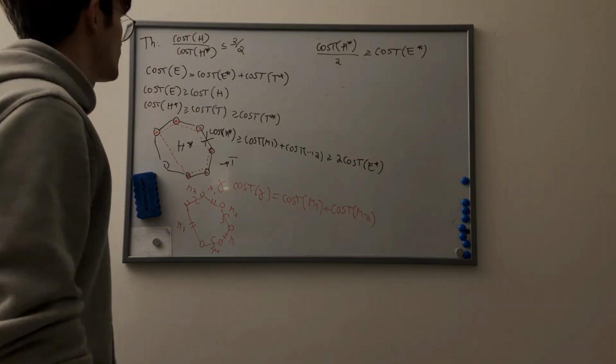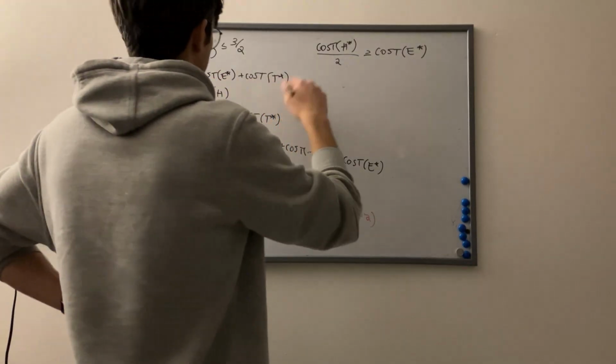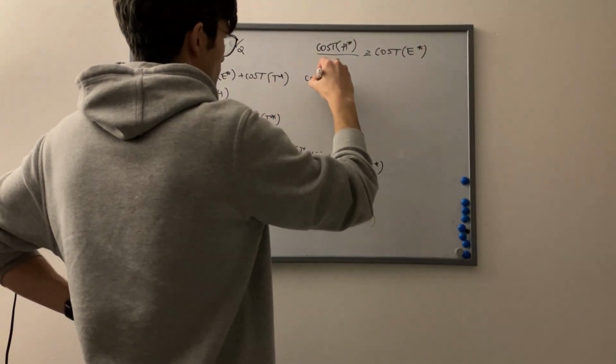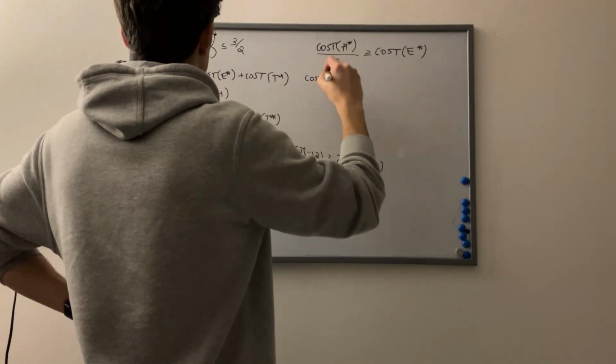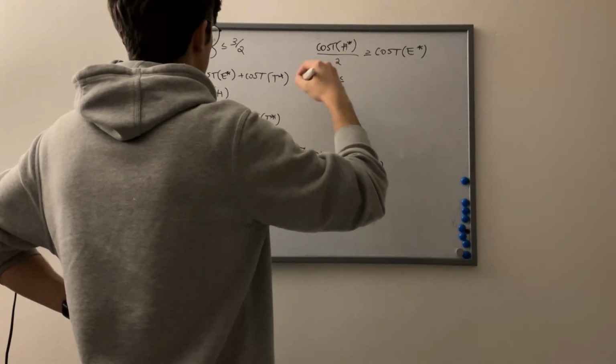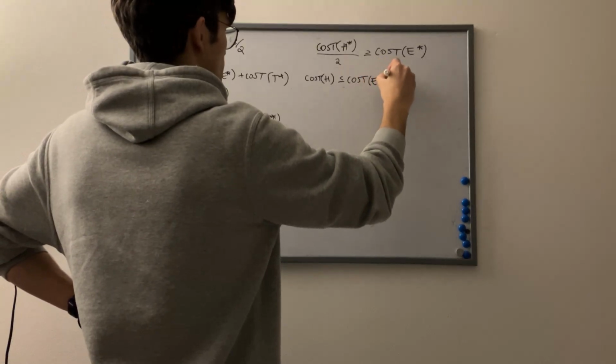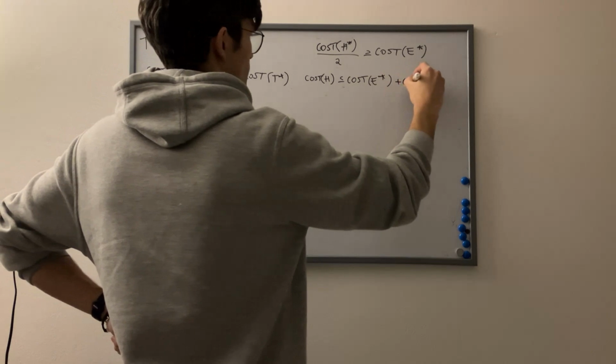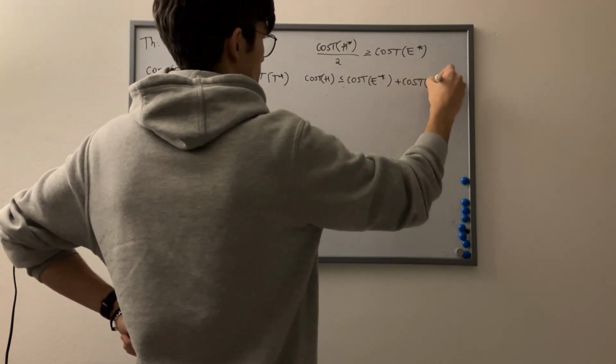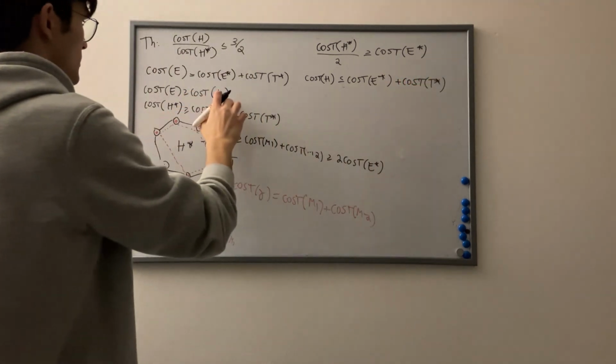And now we can say that the cost of H is for sure less or equal than the cost of E star plus the cost of T star, and this is by just substituting this cost of H in here.